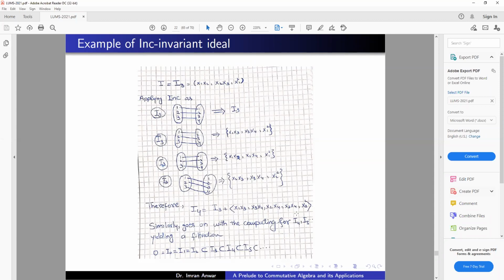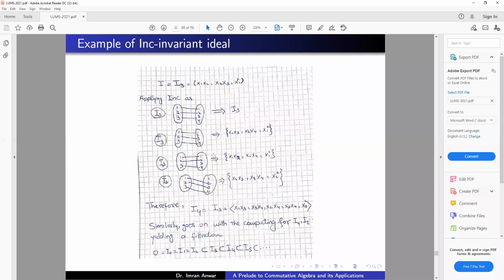Okay, the people who are working on the combinatorial commutative algebra side. Yes, Kamran, I4 is always unique. In every case, by applying the inc operator, one has to take all the possibilities, and it is always unique. Okay, this chain will not end, Zahid.